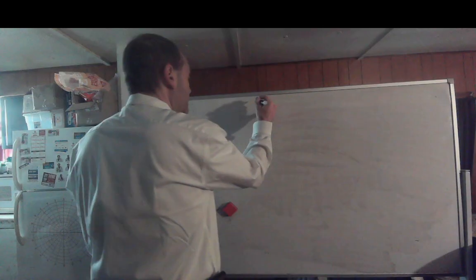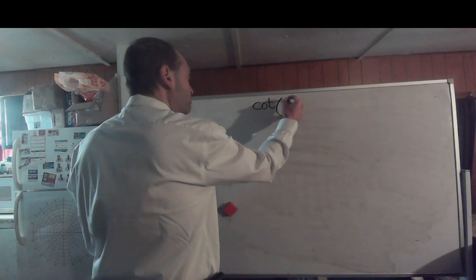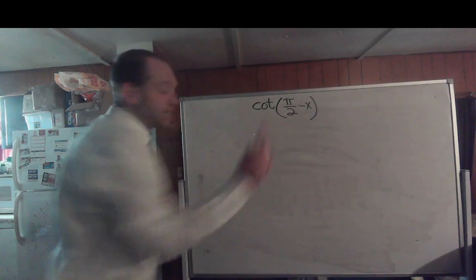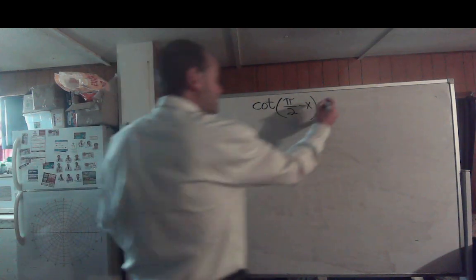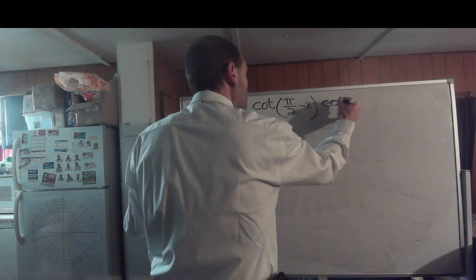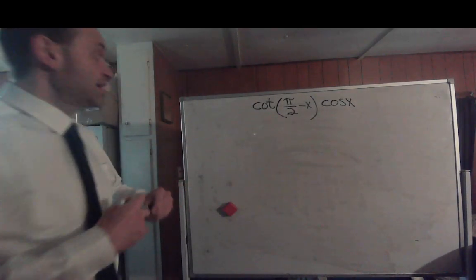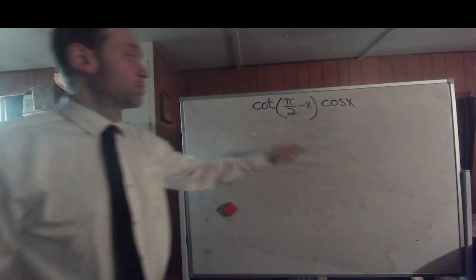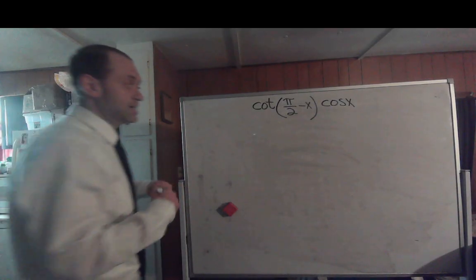Alright, another cofunction identity. We have the cotangent of pi over 2 minus x times the cosine of x. Well, that cotangent of pi over 2 minus x is a cofunction identity.